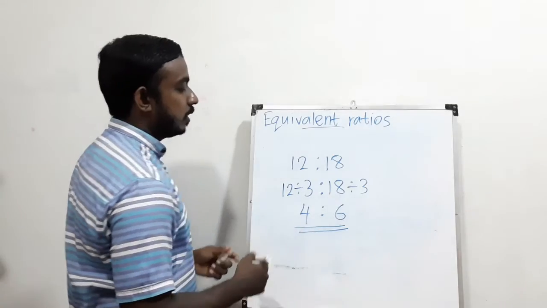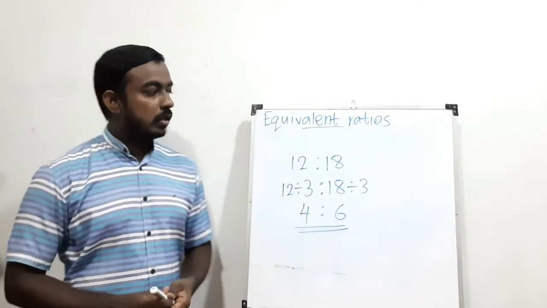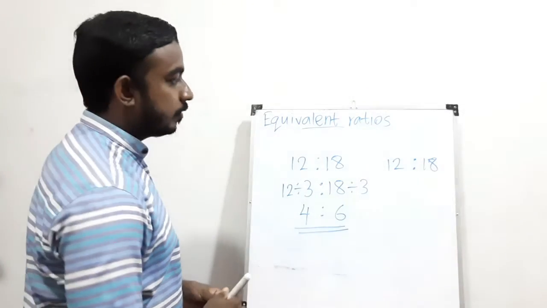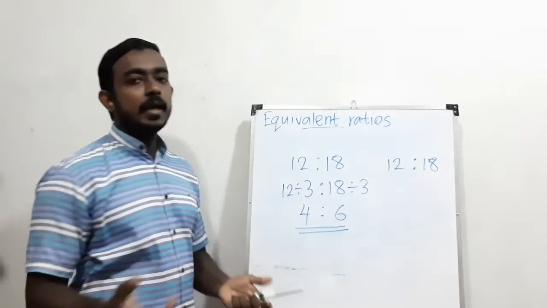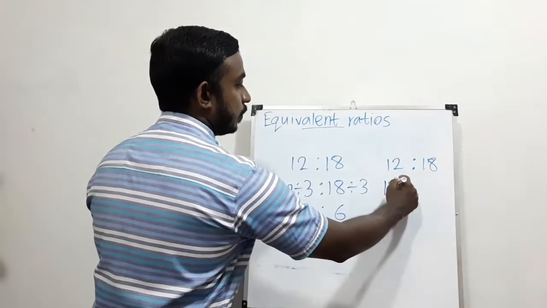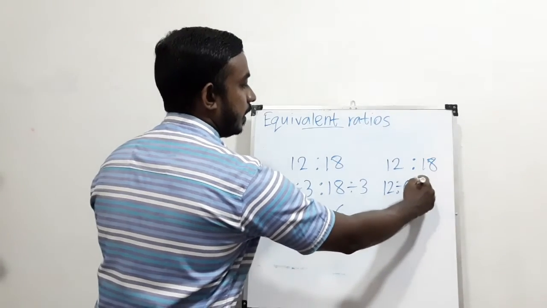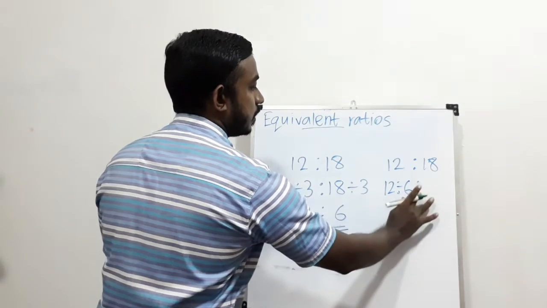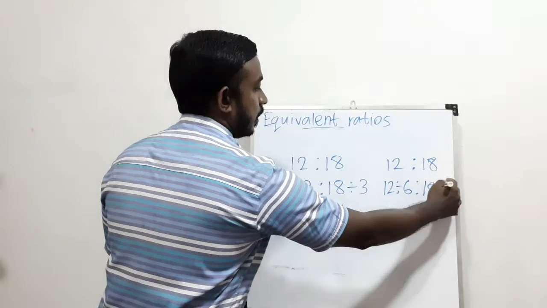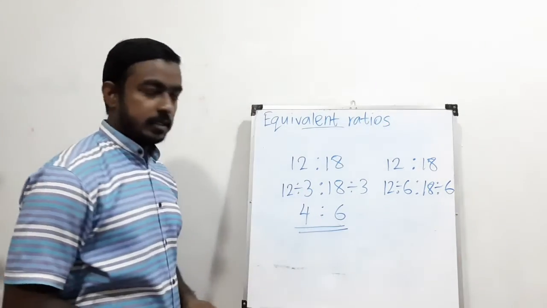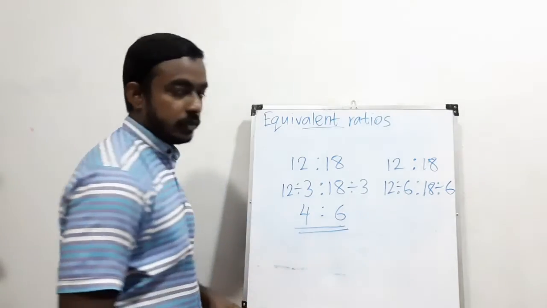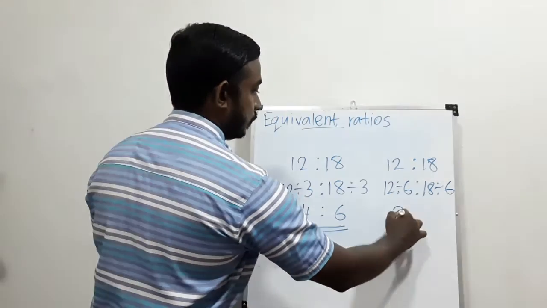So here, this is an equivalent ratio to the previous one. Here I can divide these two terms again by 6. So if I divide 12 by 6 and 18 by 6, when I divide 12 by 6, it will be 2.